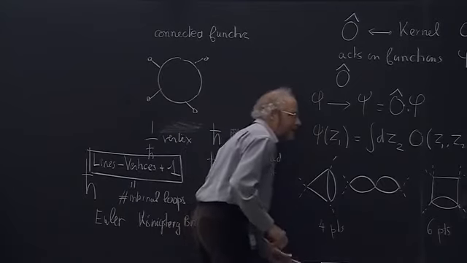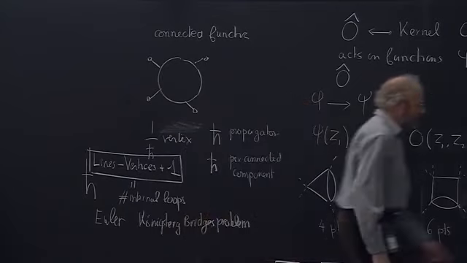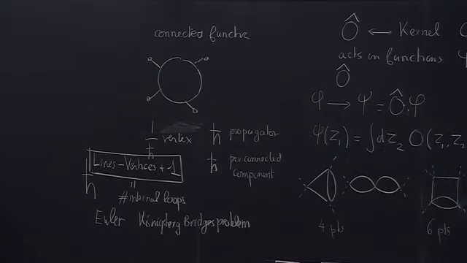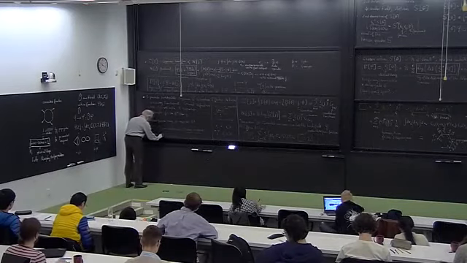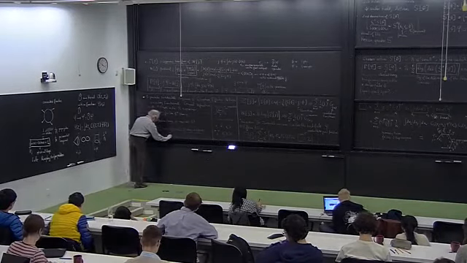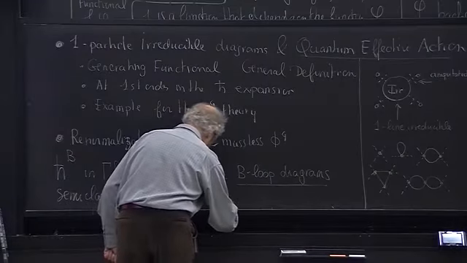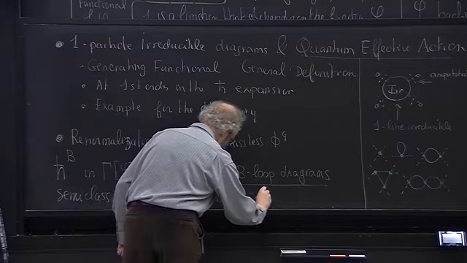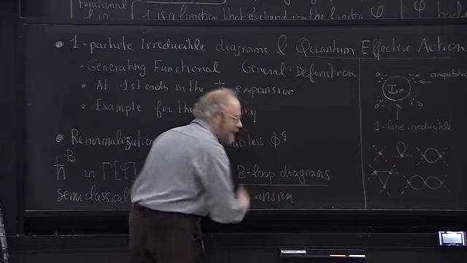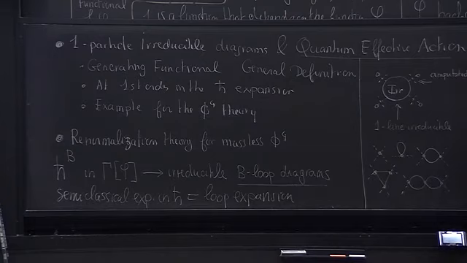Okay, so the semi-classical expansion in h bar is often called the loop expansion in theoretical physics, because it's an expansion in the number of loops of diagrams. And that's very general. It's not restricted to phi-4.